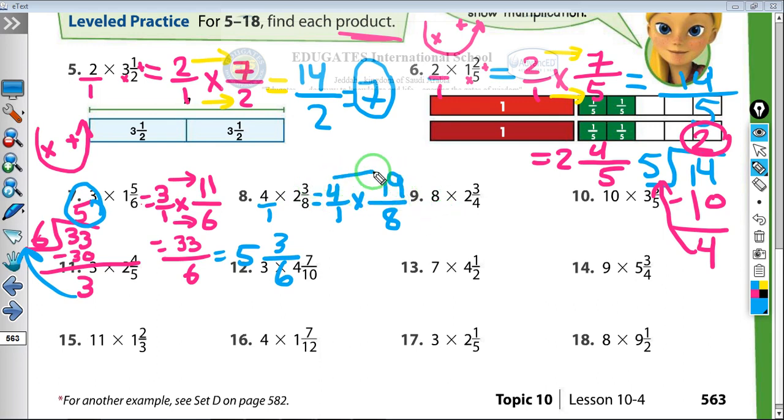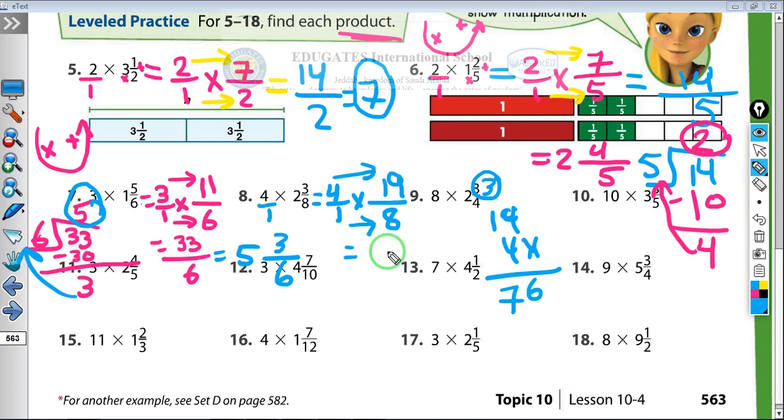How to multiply? Multiply as normal. 4 times 19, if you don't know, put it up each other. 19 times 4. 4 times 9 is 36. 6 here and 3 up. 1 times 4 is 4. 4 plus 3 is 7. So the answer here is 76.